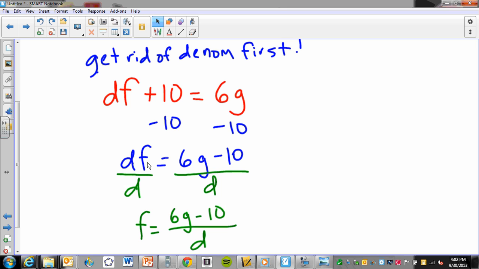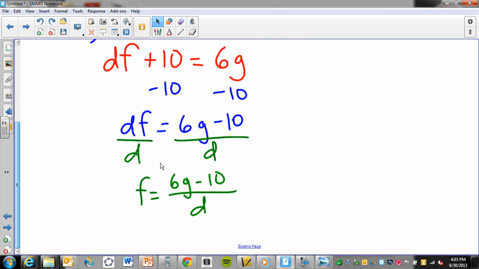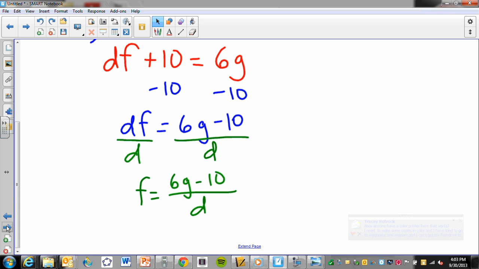So now we have df equals 6g minus 10. These cannot be combined. Now we divide both sides by d. D over d will cancel out to 1, so we have f by itself, and all we have is 6g minus 10 over d. And that is your answer for that one.